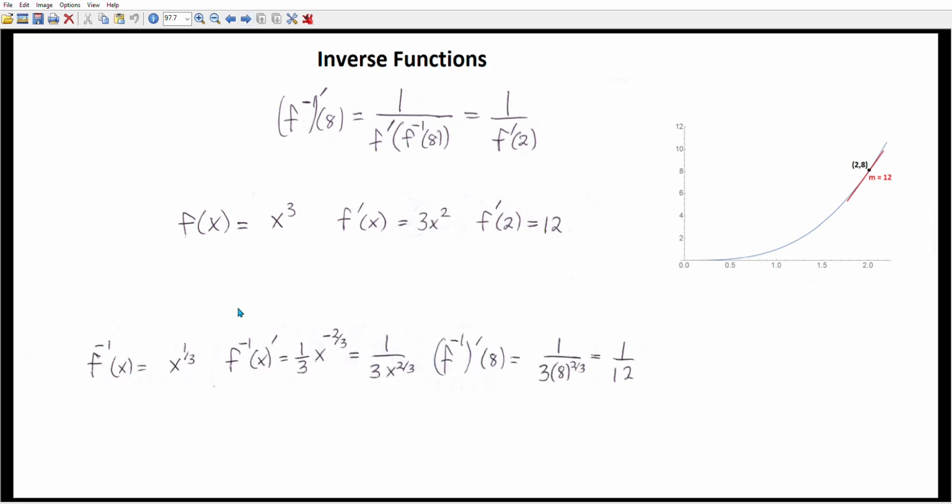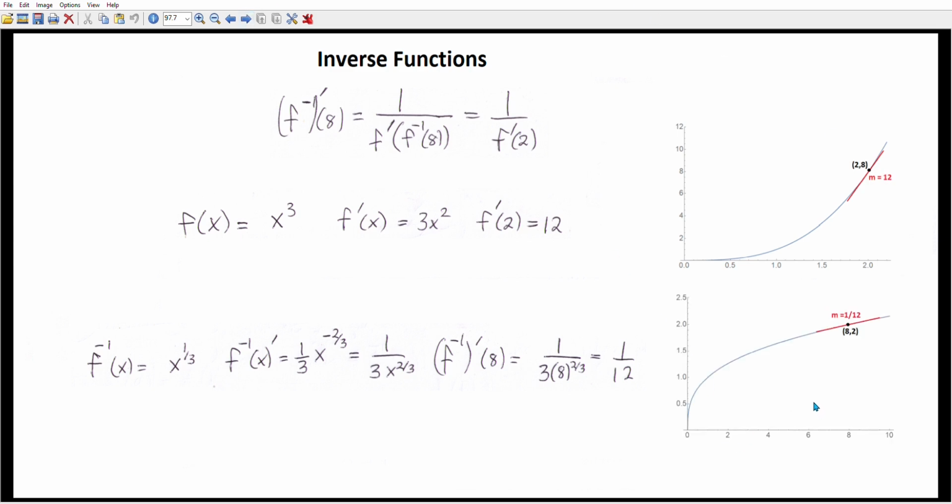Now let's look at f inverse. f inverse of x is x to the 1/3. f inverse prime is 1/3 x to the minus 2/3, 1 over 3x to the 2/3. If we put in 8, we get 1 over 3 times 8 to the 2/3. And 8 to the 2/3 is 4. So we get 1/12, which you'll notice is the reciprocal of that.